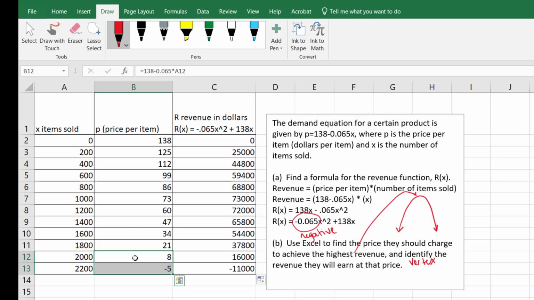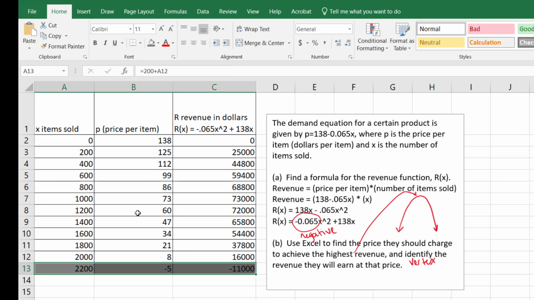We could find that value exactly if we like, but I notice at X equals 2,000, we have a price per item of $8 per item, but when you get up to 2,200, suddenly the price per item is negative, which doesn't make sense anymore. So somewhere between 2,000 and 2,200, this is no longer going to make sense anymore. So that's high enough. I'll stop there.